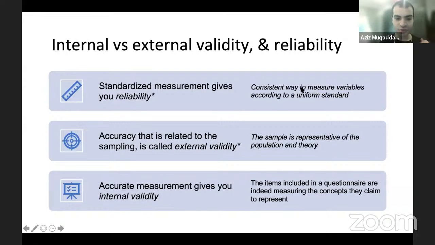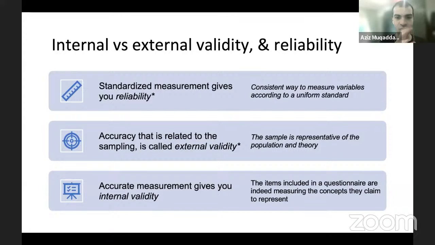Accuracy related to sampling is called external validity. So the sample is representative of the population. And it could also be generalizability to the theory. That is to say, the sample is not totally different from the population, so the theory would still be accurate. We're going to talk more about this when we talk about experiments. And accurate measurements, which we're talking about today, give you internal validity.